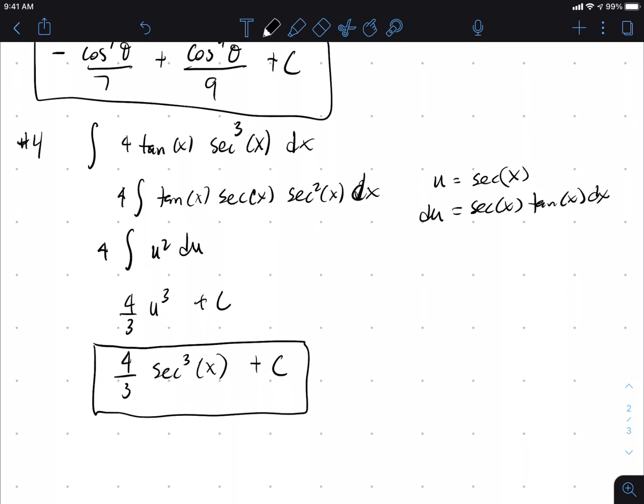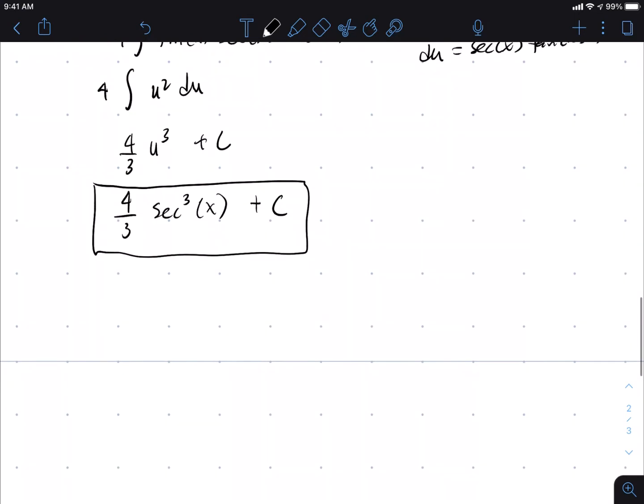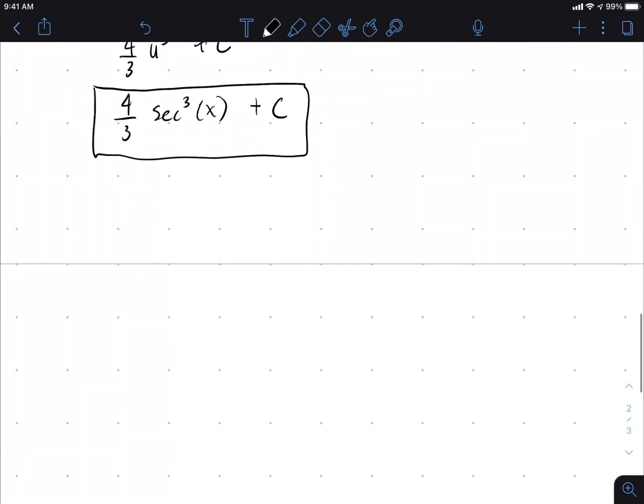Okay, so let's do the next one. Here, I'll write it on the next page so it's not cut off. Here we go. We have the integral of square root of x squared minus 49 over x cubed dx. What do you guys think?